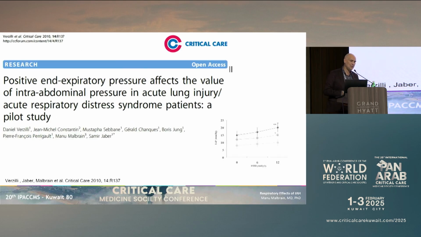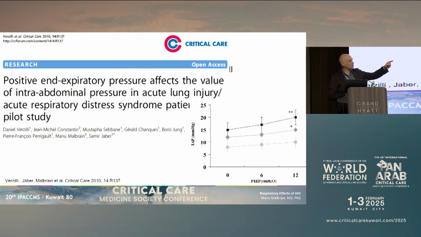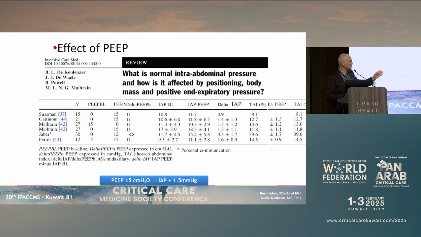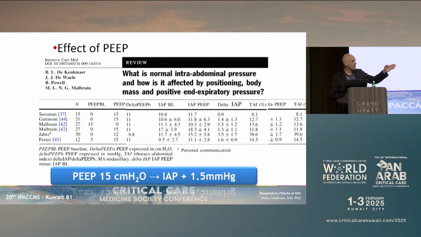But in a study we performed, we saw that there is only a marginal increase in intra-abdominal pressure. If abdominal pressure is 10 and you put a PEEP of 10, the net effect will be 0. So on average, if the PEEP is set at 15, the intra-abdominal pressure will increase with about 1.5 millimeters of mercury. You have the conversion 1.35 from centimeters to millimeters of mercury.